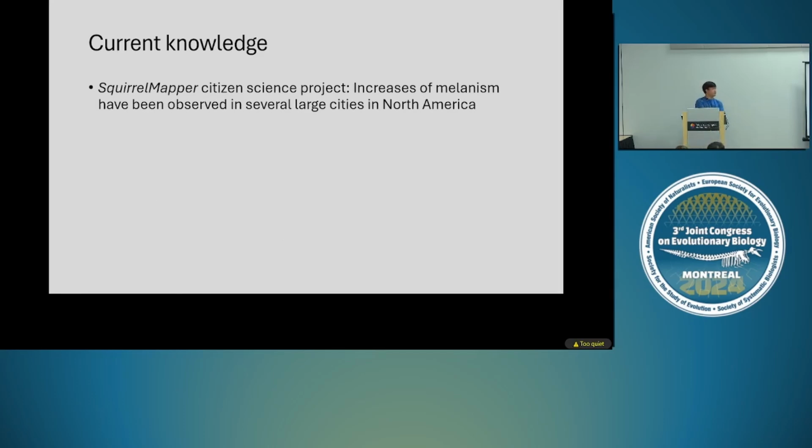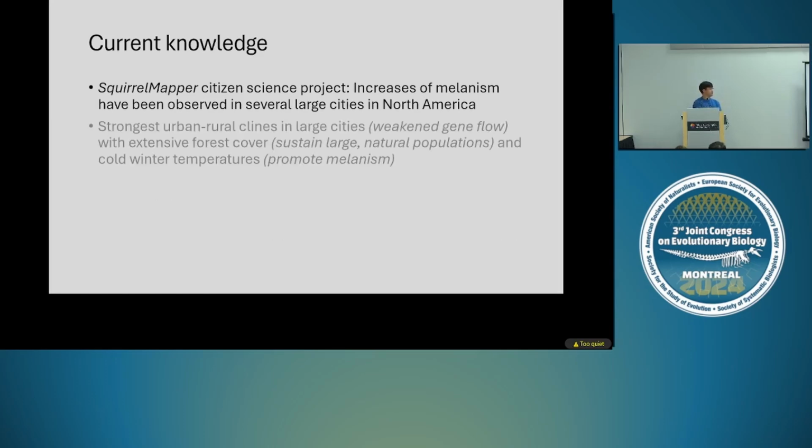Squirrel Mapper is a citizen science project that collected a bunch of iNaturalist data from urban squirrels, and what they've noticed is that we do typically see an increase of melanism the closer we get to big cities in North America. Specifically, this effect is particularly strong in large cities that have extensive forest cover and cold winter temperatures.